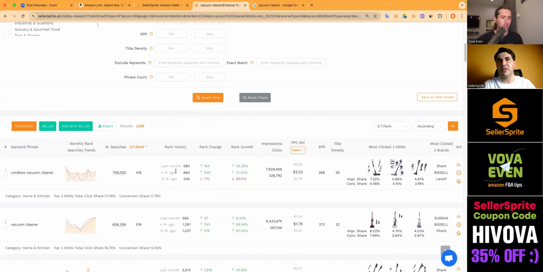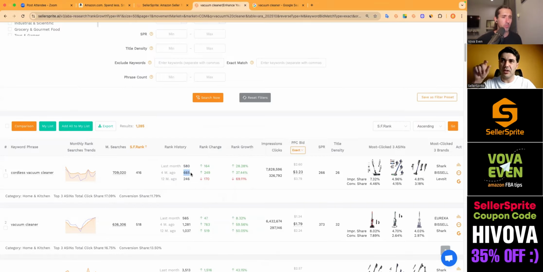Rank history, we see how it is changing. Average rank history was 580, rank history meaning search frequency ranking on the Amazon Brand Analytics. Four months ago, it was 665 SFR.